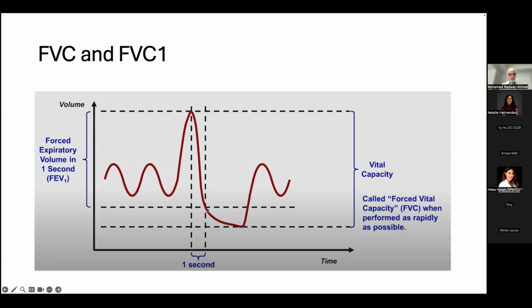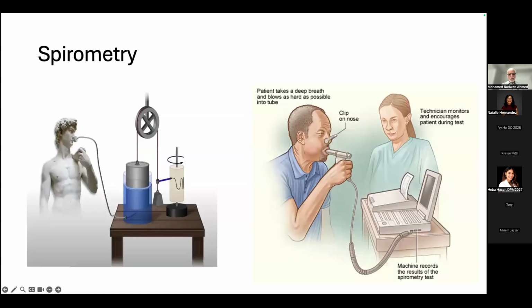And then the flow becomes slow till the end of expiration. And we inspire, we inhale again. You see? So keep in mind what is vital capacity and what is forced vital capacity in 1 second. And those are important measures for the spirometer, which is the most common test.